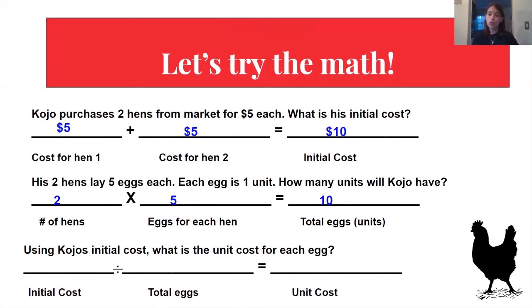And that's going to get us the unit cost. We're going to figure out how much 1 egg is costing him to produce. So his initial cost was $10, which we figured out in our first equation. We divide that by the number of eggs that he has, which we just figured out, which is 10 eggs, and that gives us $1. So it cost him $1 to get 1 egg, okay?